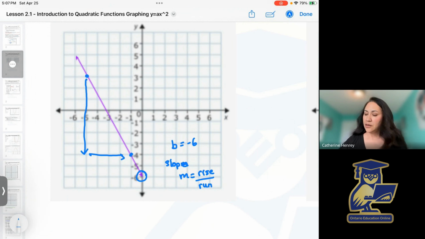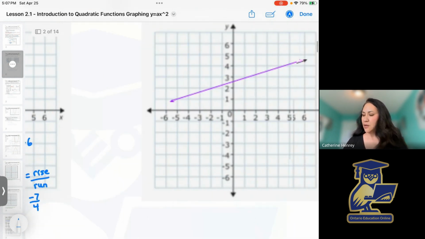So if we take a look and we start at this point up at the top and we read from left to right, we have to come down 7 units. So that's going to make it -7. And then we count to the right 4 units. So the slope here, m, is -7 over 4.